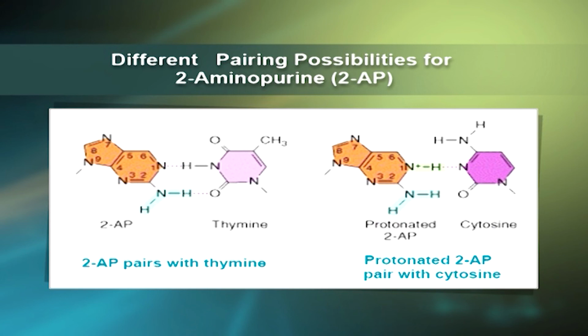Or if 2-aminopurine is incorporated by mispairing with cytosine, then GC-AT transitions will result when it pairs with thymine. Genetic studies have shown that 2-aminopurine, like 5-bromouracil, is highly specific for transitions.